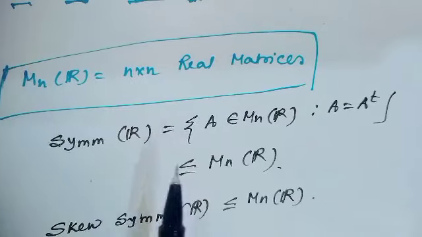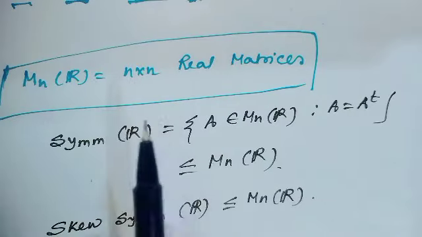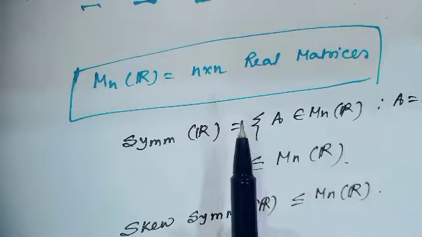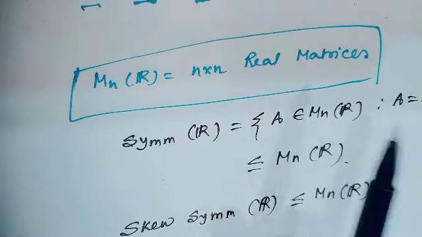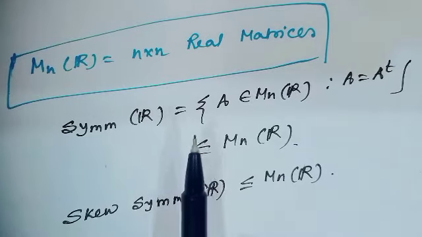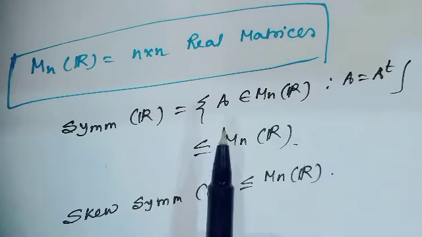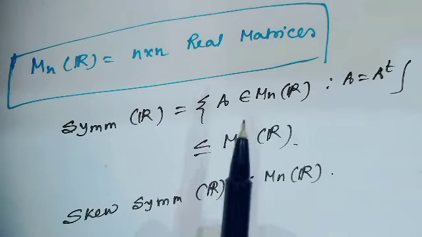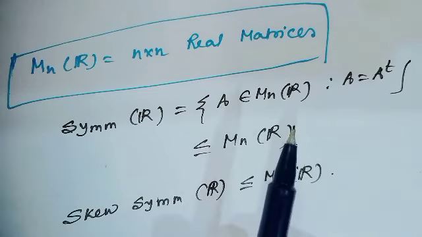Now consider a new type of vector space, the set of all n cross n real matrices. Here we will see many vector subspaces of the set of all n cross n real matrices.